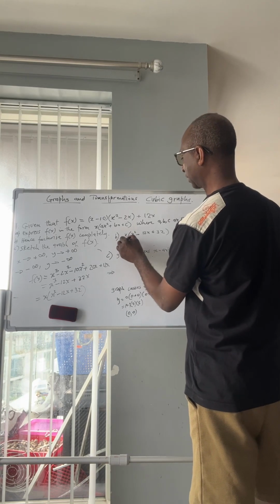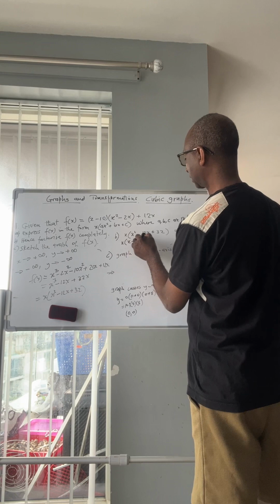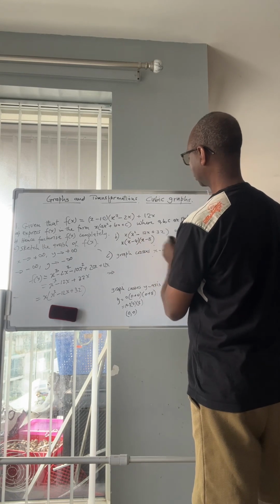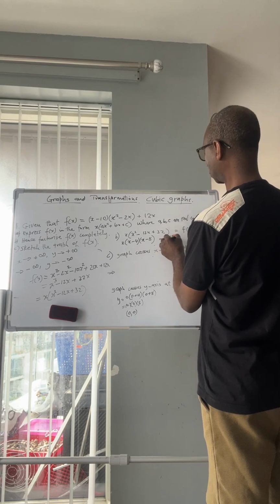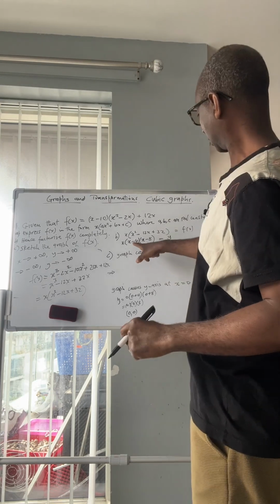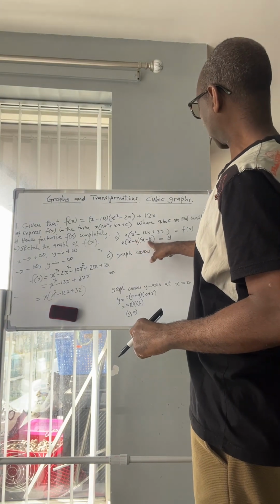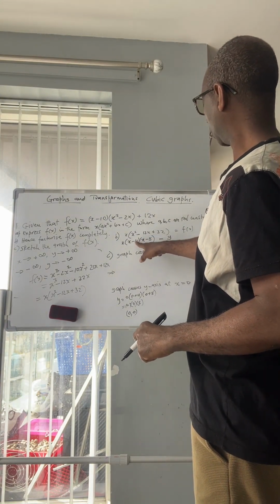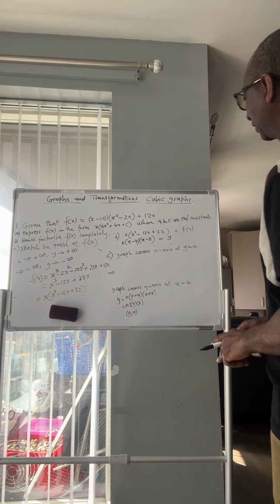So you have here x into x minus 4 and x minus 8, and this is equal to f of x, which is your y. If you multiply these two, you get plus 32, but when you add them up, you get minus 12. I used the wrong sign before, corrected it now.